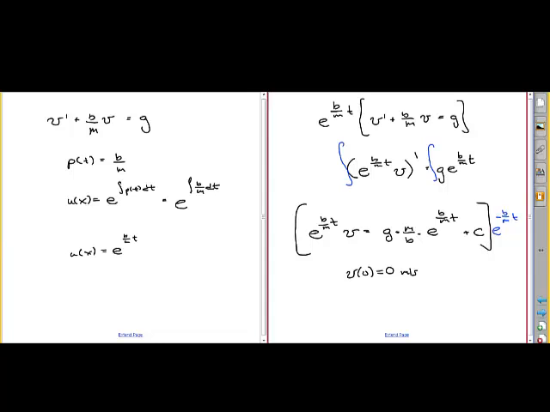As a result, this times that, you add the exponents and you get 0. So you get e to the 0, so you solve for v of t, and the same thing happens here, so you get m times g over b. This times that is also e to the 0, which is 1. And we get plus c, multiplied by e to the minus b over m times t.